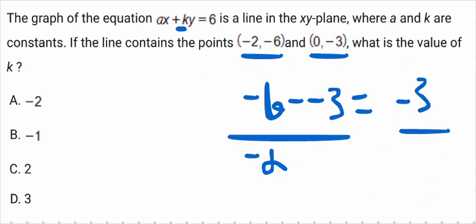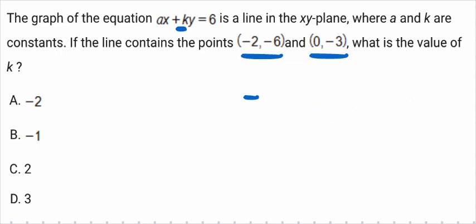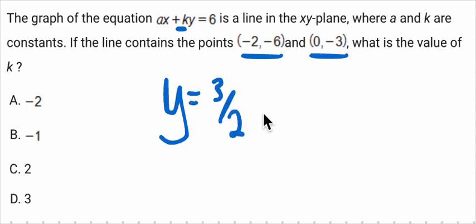That's my slope. Remember, my slope is 3/2. So if I had an equation in slope-intercept form, my slope goes right before x, 3/2 x, plus my y-intercept, b. I don't know my y-intercept, but I could plug in one of these ordered pairs, (0, -3).